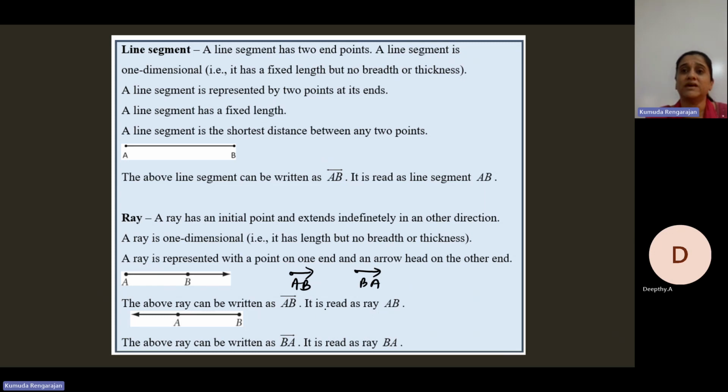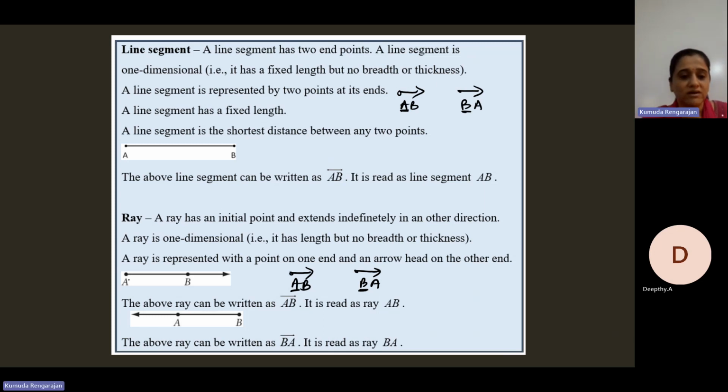For ray AB, A is the initial point. For ray BA, B is the initial point.